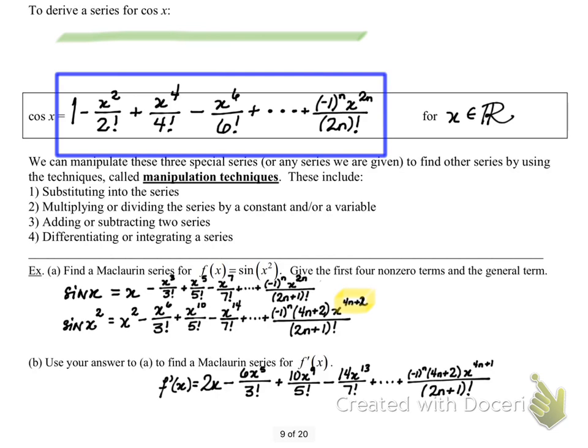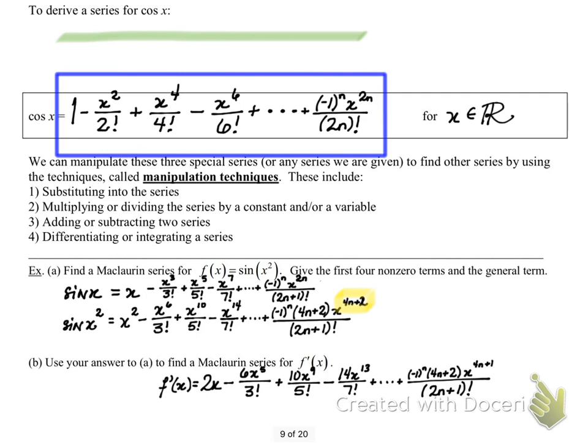So when I come back, which will be in hours, but in your view will be seconds, I will find the Maclaurin series for f of x equals x cosine x, find the first four non-zero terms and the general term.